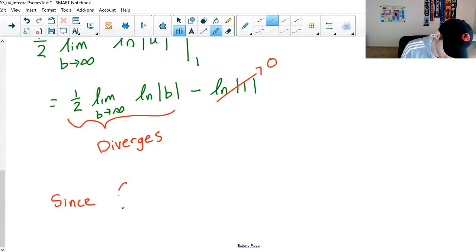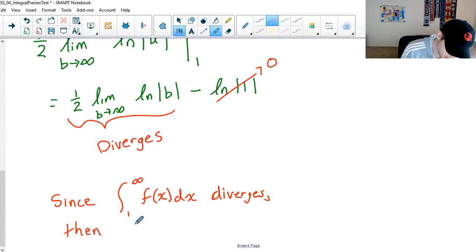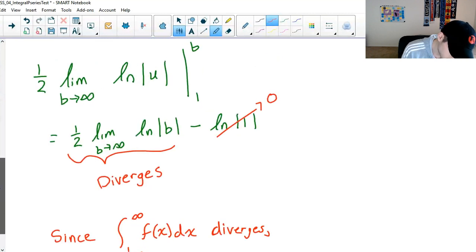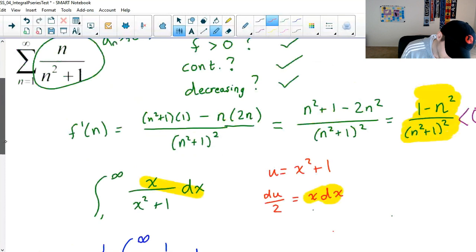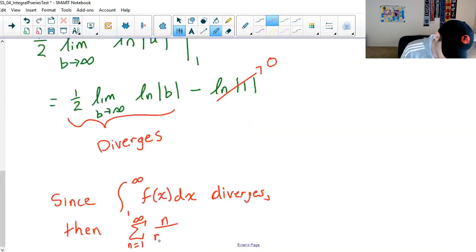So since this integral diverges, then we know that our series, what was it, n over n squared plus 1, also must diverge.